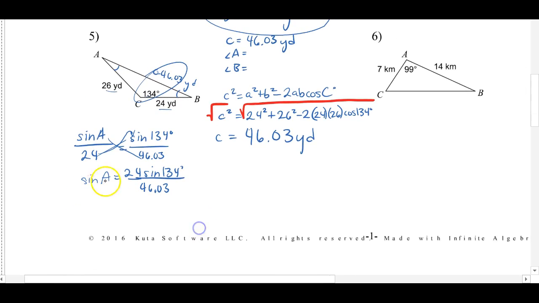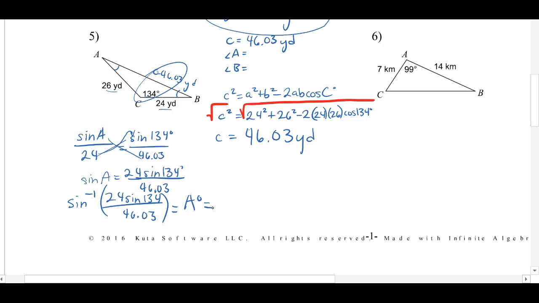And remember, again, if we're looking for an angle, we're taking the sine of that angle and it's equal to some value, then we do inverse sine. Inverse sine of that same value, 24 times the sine of 134 divided by 46.03, and that should give us angle A.